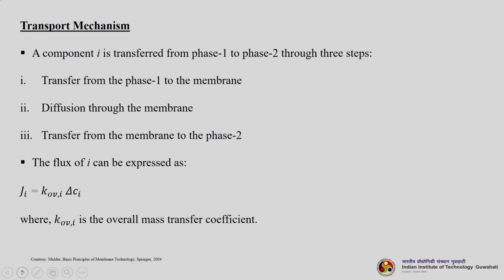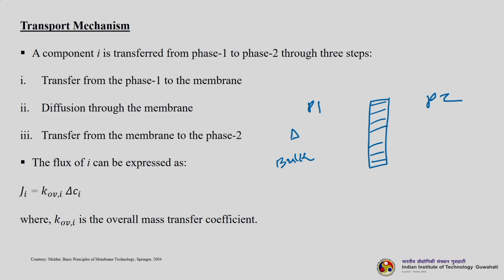Let us understand the transport mechanism, how this is happening. A component i is transported from phase 1 to phase 2 in 3 steps. First is the transfer from phase 1 to the membrane, then diffusion through the membrane. Let me try to draw. Let us say this is the membrane, this is phase 1, and this is phase 2. This component, which is present in the bulk, is to be transported to the other side of the membrane, that is the permeate side.